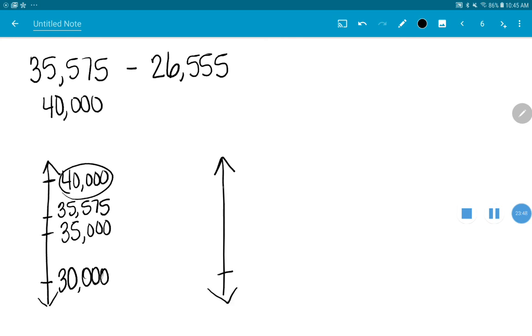All right, 26,555 to the nearest 10,000. How many 10,000s are there in that number? 20,000. 2 10,000s. What's 10,000 more? 30,000.